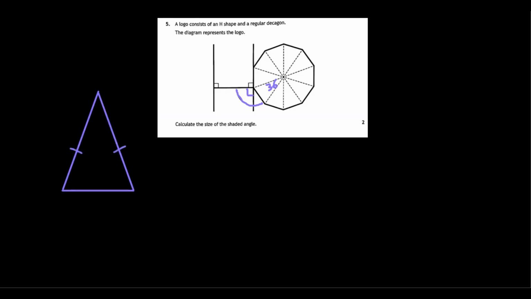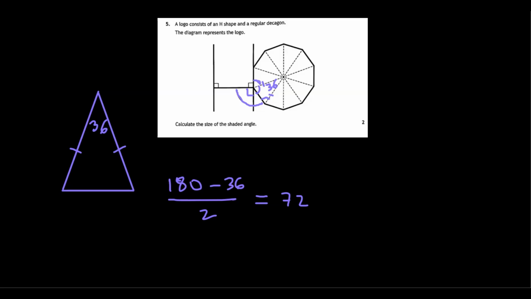So these sides are the same, they're just these sides over here. And this angle is 36. So to find these angles, it's just 180 minus 36 over 2. And that would be 72 degrees. So each one of these is 72. So that would also be 72 over here.